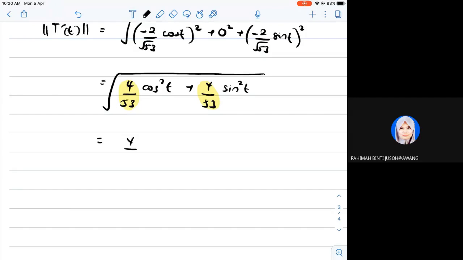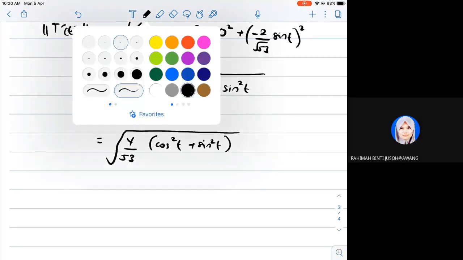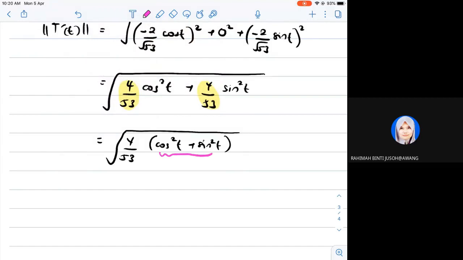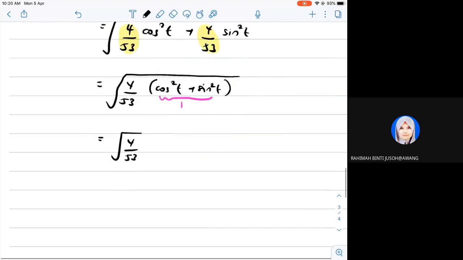So square root of 4 over 53 times cos squared t plus sin squared t, yang ni jadi 1 macam tadi, equivalent to 1, so we just have square root of 4 over 53. Okay, so this is also equivalent to 2 over square root 53. Macam tu.